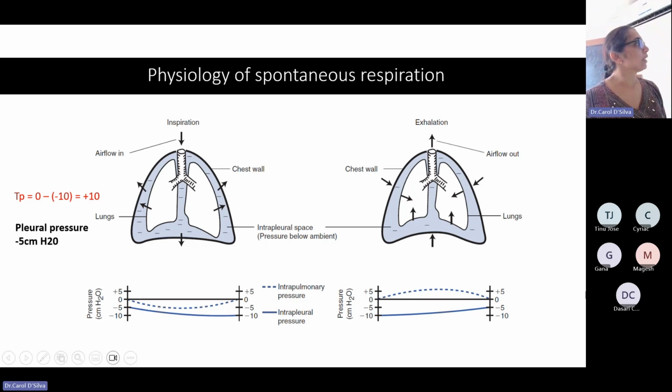And vice versa happens during exhalation. At the end of exhalation, the pressure over here is more as compared to the mouth opening. As this pressure is more, gas flow moves outwards, and this goes back from -10 to -5. So this is what happens in spontaneous respiration.